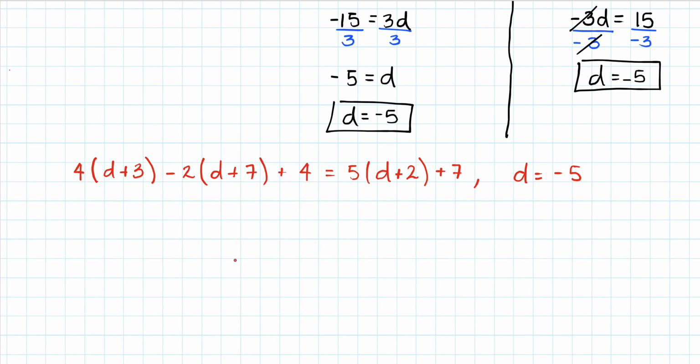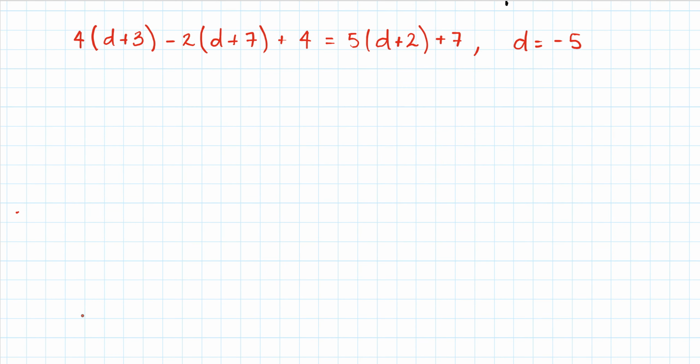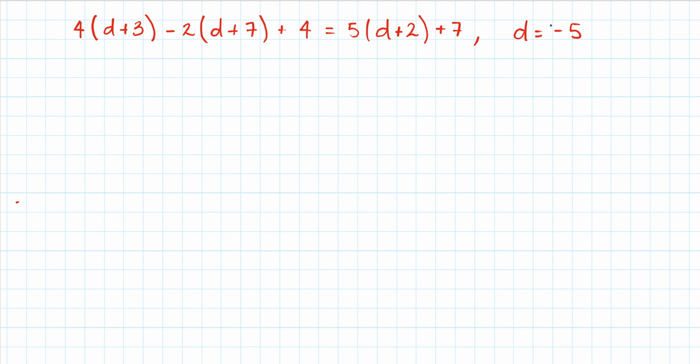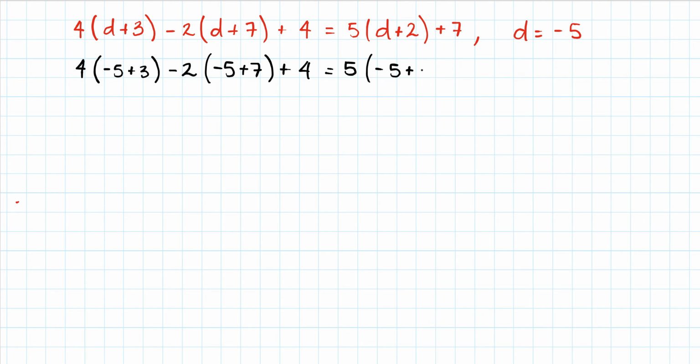So let's play with this beautiful thing here. I'm going to sub in d equals negative 5 wherever there is d. So 4 opens bracket negative 5 plus 3, take away 2, negative 5 plus 7, plus 4, equals 5 negative 5 plus 2, plus 7.